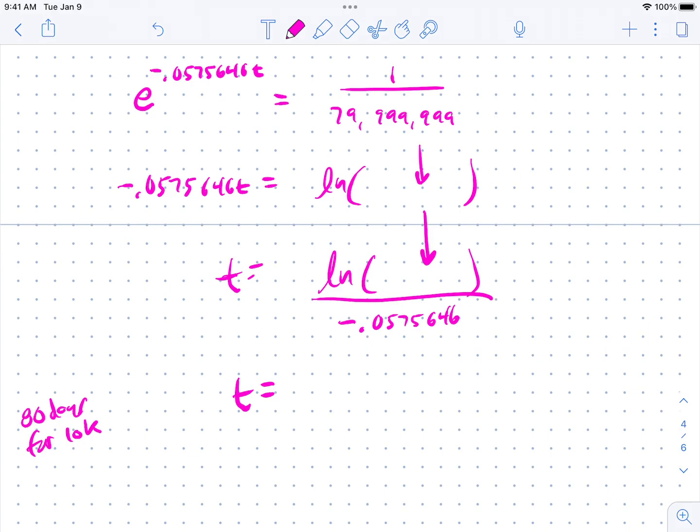I take the log of that teeny weeny number equals. I divide it by the negative 0.0575646. And I get, oh, you're hardly going to believe this, 316 days. Wow.